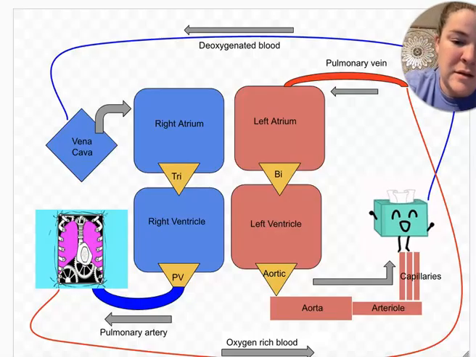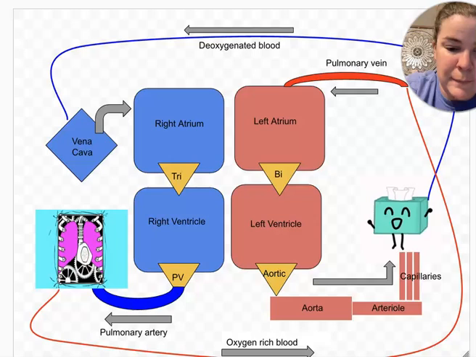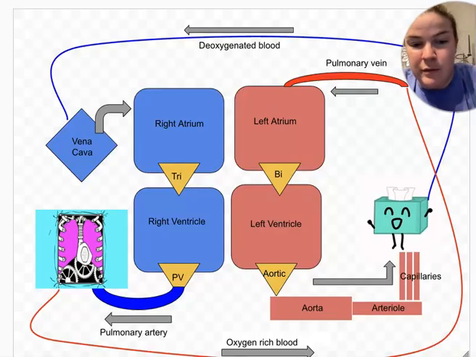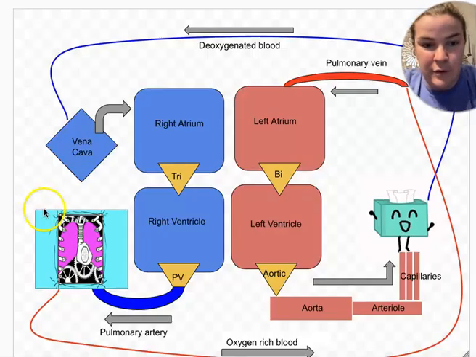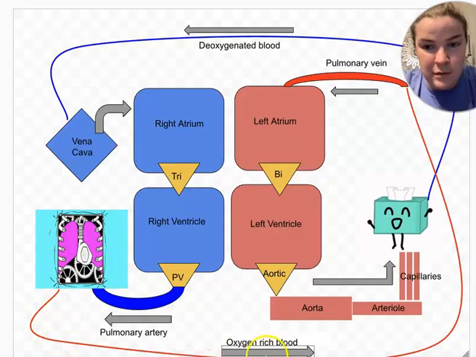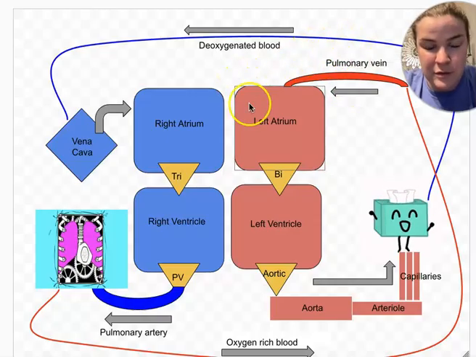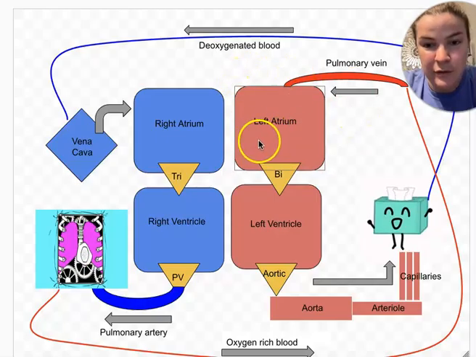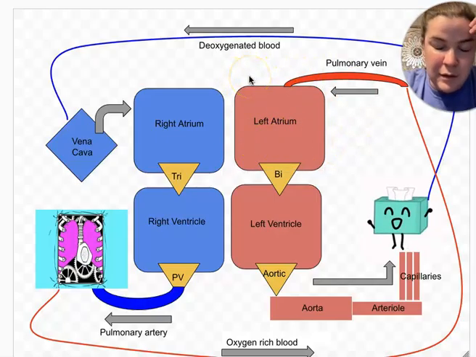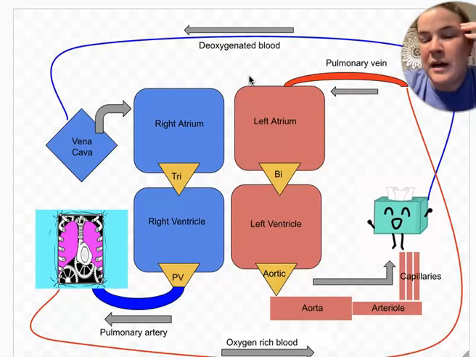Now, after binding to hemoglobin, oxygen-rich blood essentially is going to travel from the lungs to our pulmonary vein, which dumps the blood into one of the chambers of the left side of the heart called the left atrium.